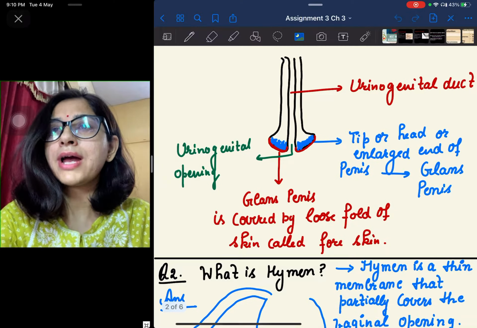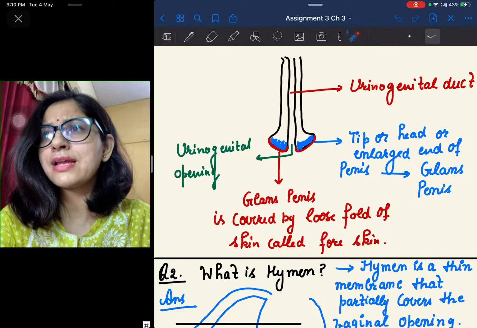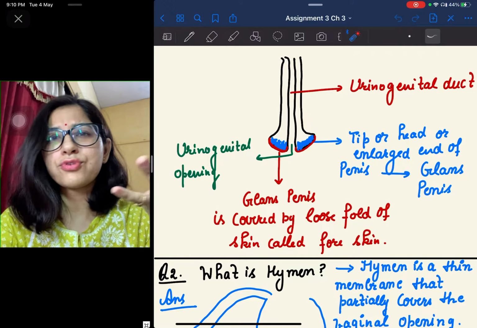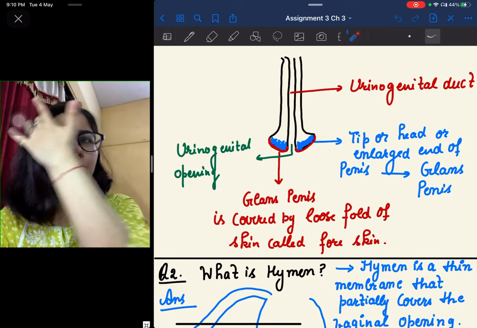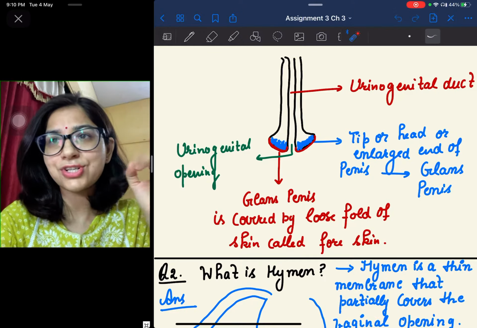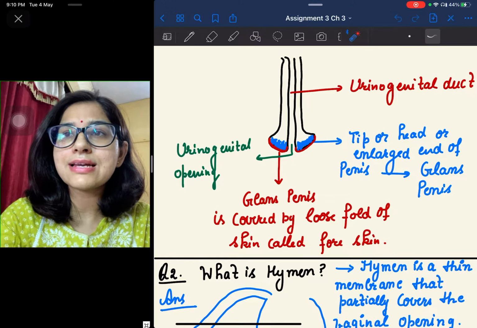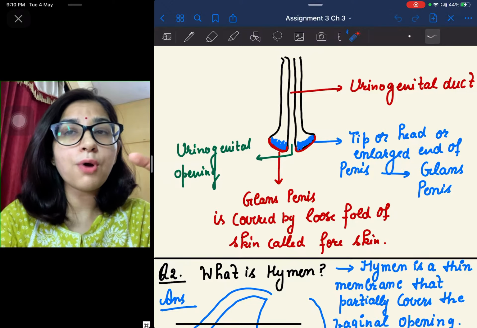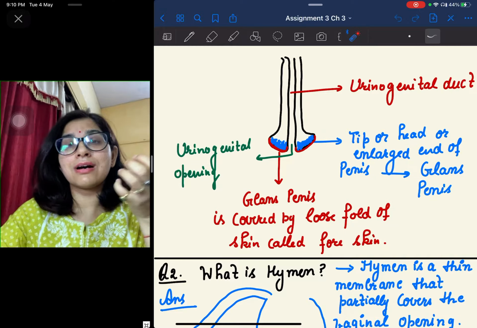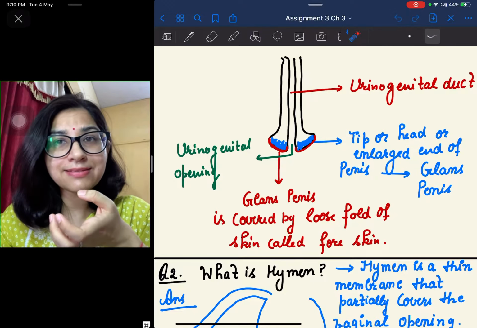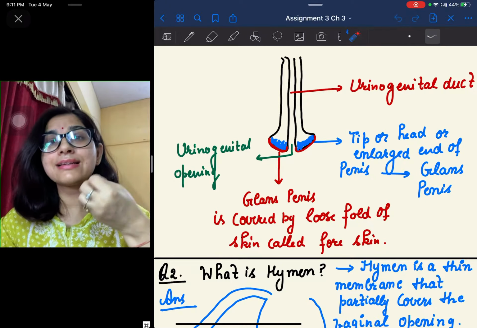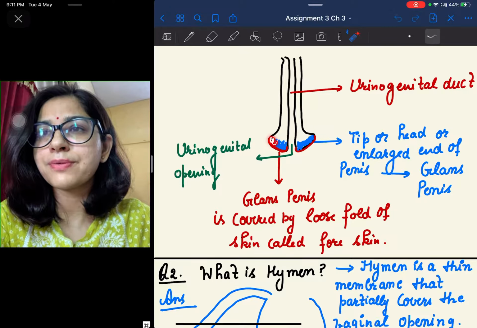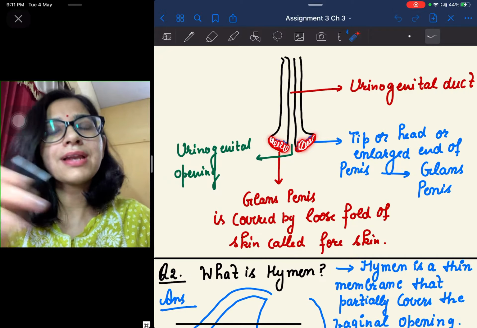So when we draw this male reproductive system, as you can see, I have not drawn the full structure because we don't know the full reproductive system yet. We know only the external genitalia part. So this is the head of the penis, the tip of the penis, and the tip or head of the penis is known as the glans penis. This is clear to us. The tip or the head is an enlarged portion, and this is known as your glans penis.